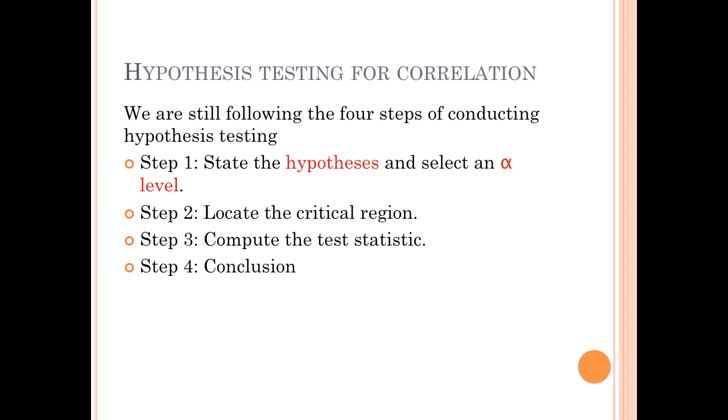And in order to reject the null hypothesis, you need to get a value for R that is greater in magnitude, not necessarily the sign, but greater in magnitude than the value that's on the table for the stated alpha level and degrees of freedom. For correlation, our degrees of freedom is n minus 2. So you've got two parameters you're estimating, x and y.